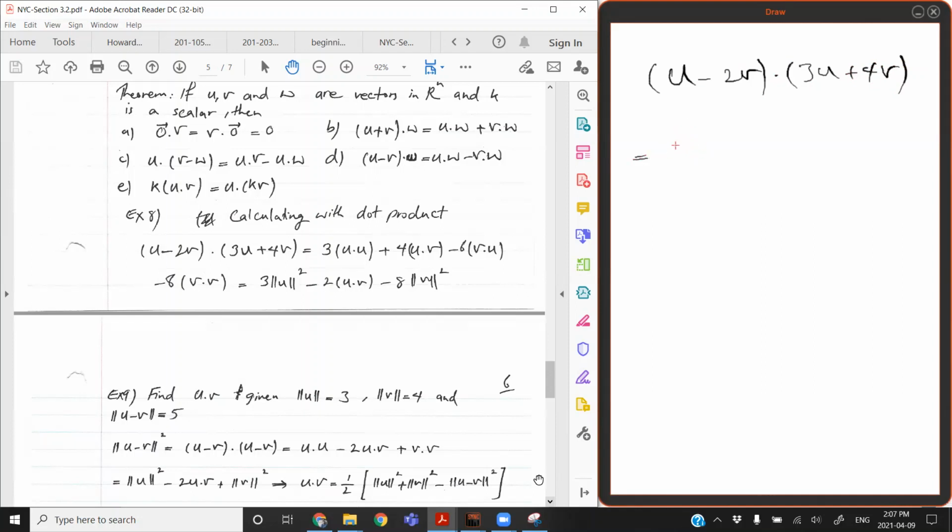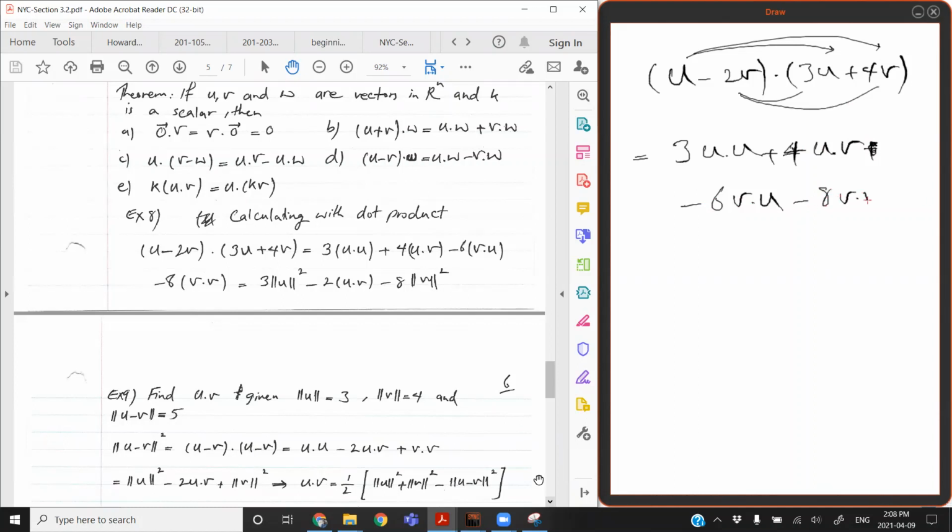I'm going to get 3u dot u, this times this, and then this times this. That's going to give me plus 4u dot v plus, if I multiply this times this, I get actually minus 6v dot u, and then this times this, minus 8v dot v.